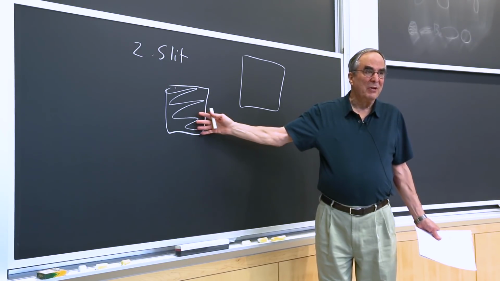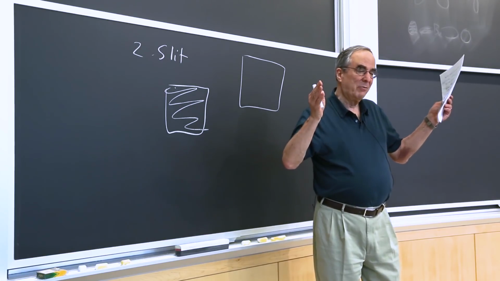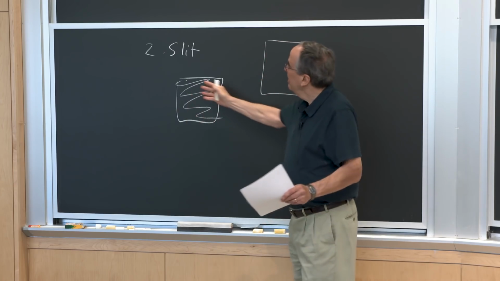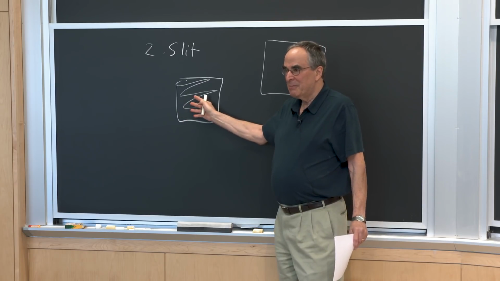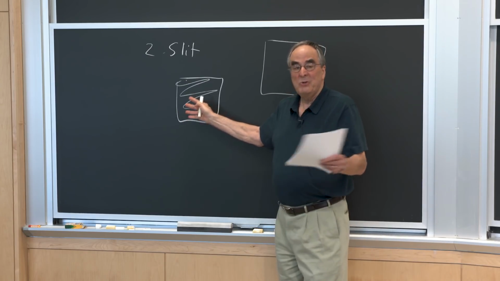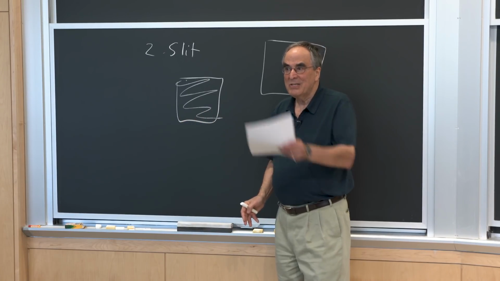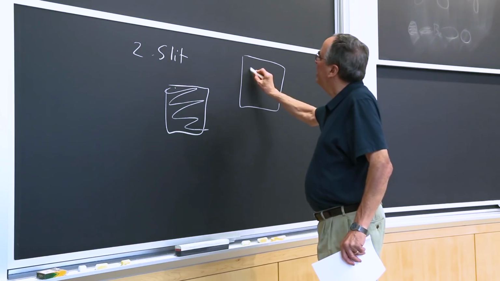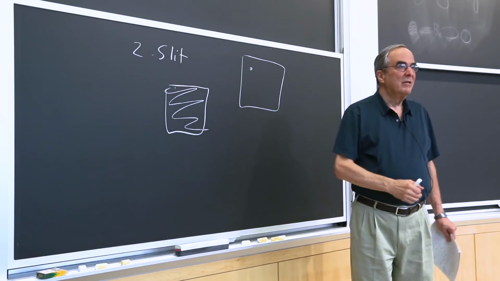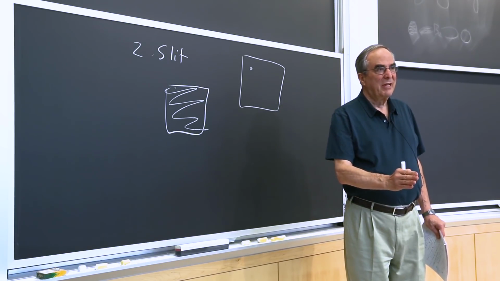What do you observe? So you could say the state of a particle has amplitude everywhere on this screen, but what do you see in the experiment? Yes? You just see it hit one point, and then over thousands and thousands, eventually you see it mimic that probability surface. That's exactly right.